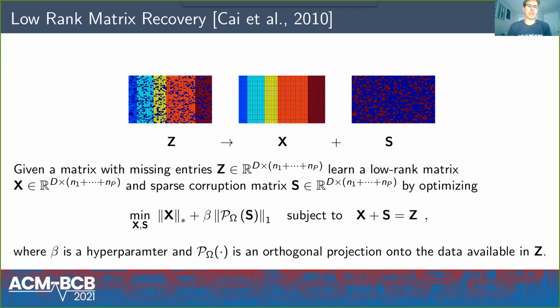Our matrix with missing entries may also have corruptions, which we try to learn or represent by a sparse corruption matrix S. We do this by optimizing the following objective, where beta is a hyperparameter that balances between the sparse corruption matrix and the low rank representation.